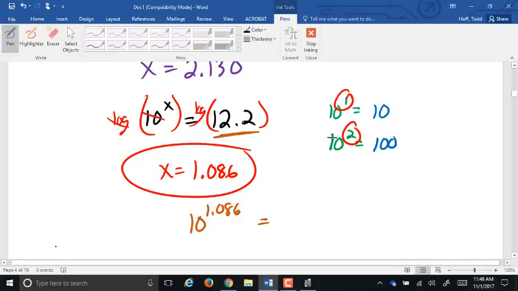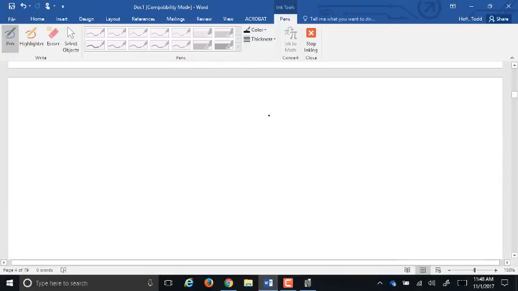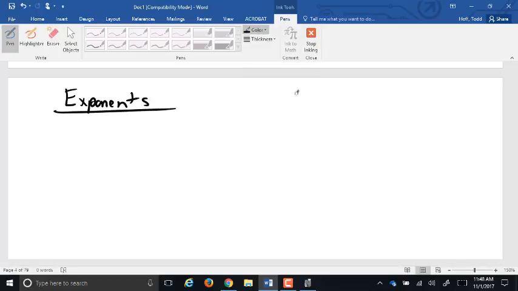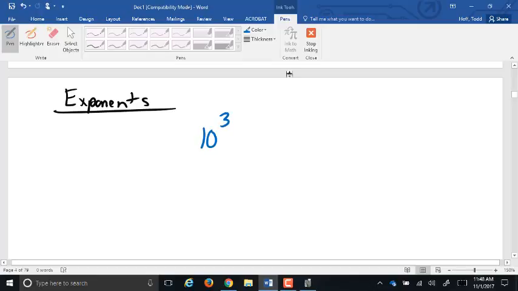Go for it. That's a very good question. There's two cases here. Remember, the exponents have two parts. Let's say I'm just going to do 10 to the power of 3. 10 is the base. 3 is the power.